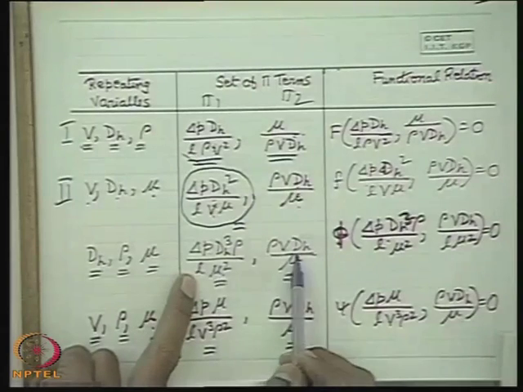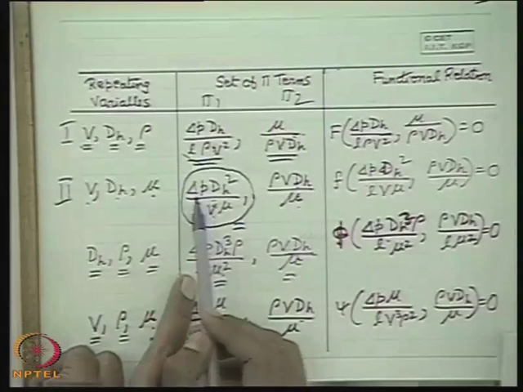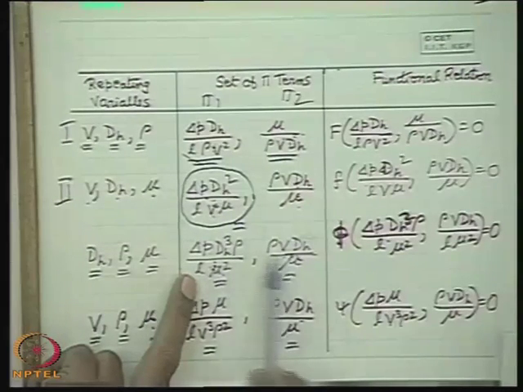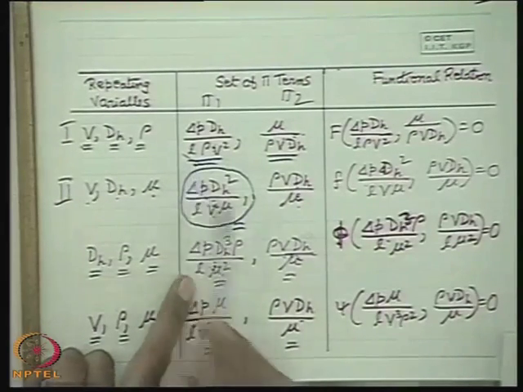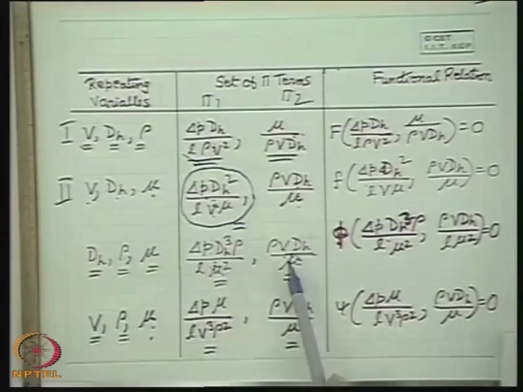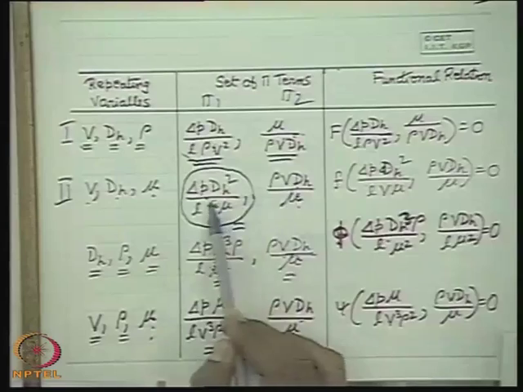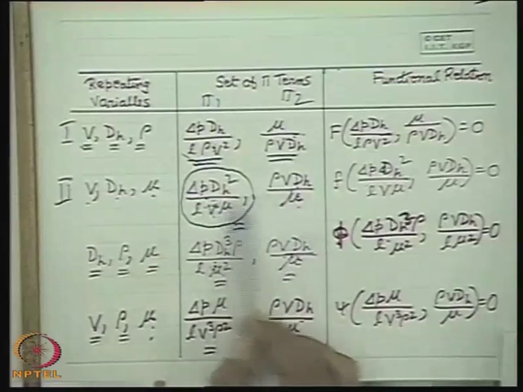You will see some combination with this will definitely land up with this. If you divide this by this, you will get this, or you will make some combination between these two, we will get this one. So therefore we will get any of the sets of pi terms from other sets by some recombination of the existing pi terms.